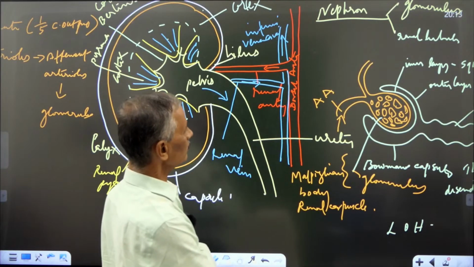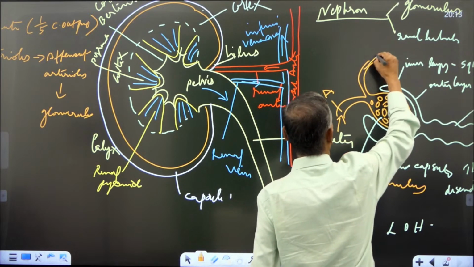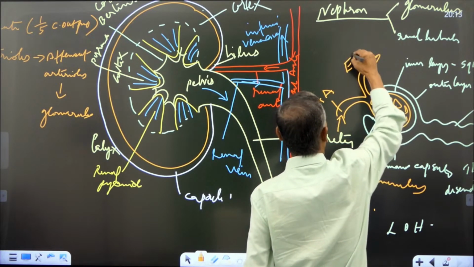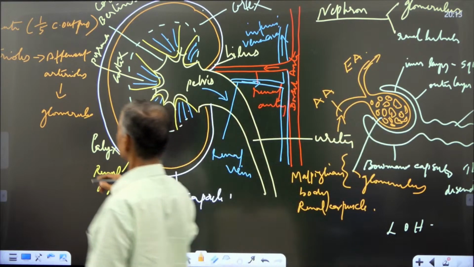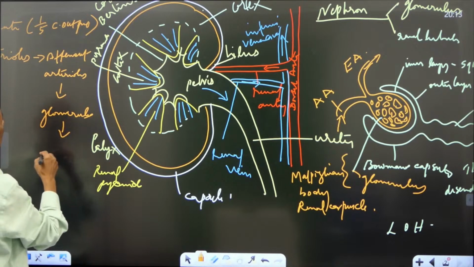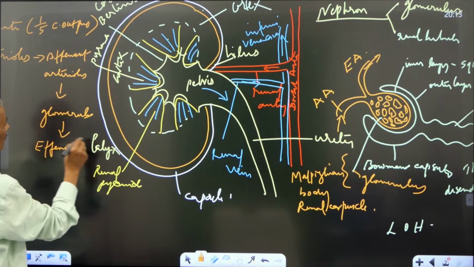After circulating the glomerulus, blood is taken out through efferent arterioles. So from the glomerulus, blood is taken by efferent arterioles. Efferent means taking away.